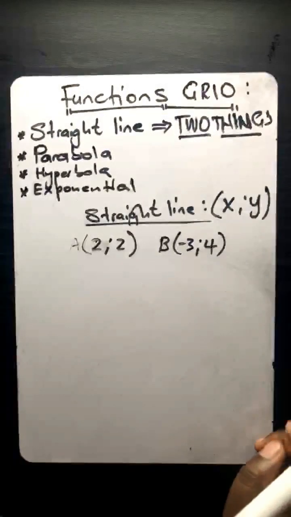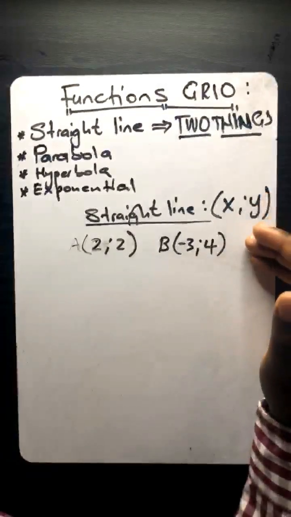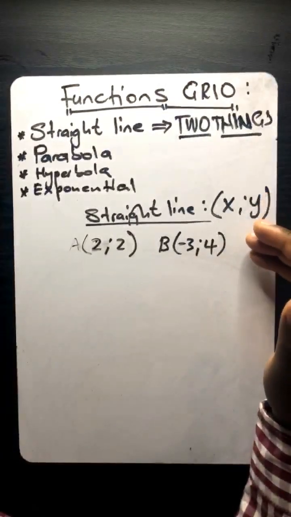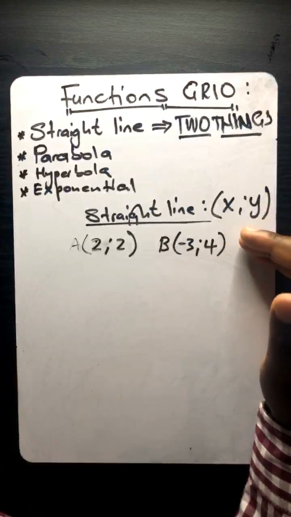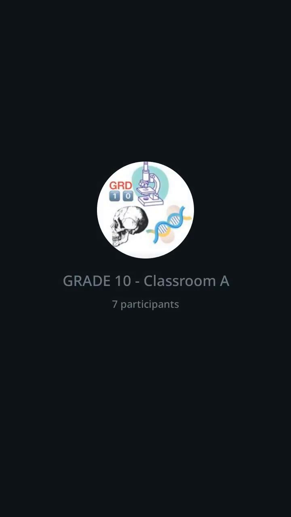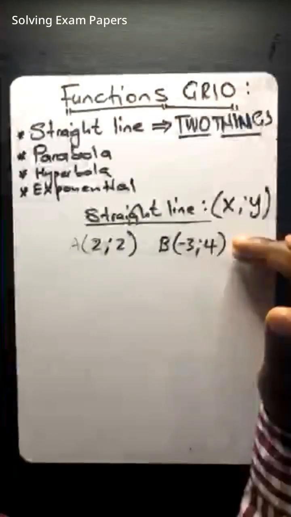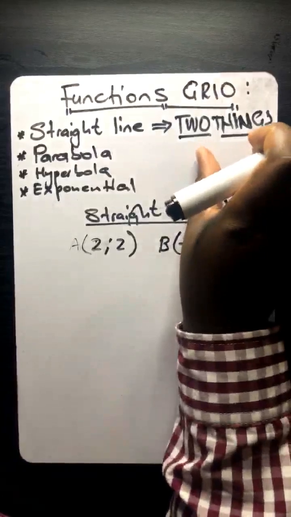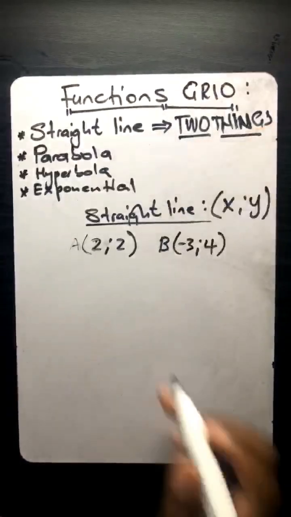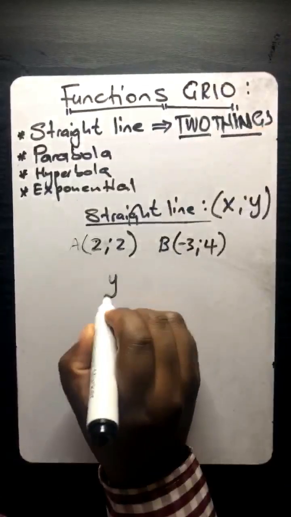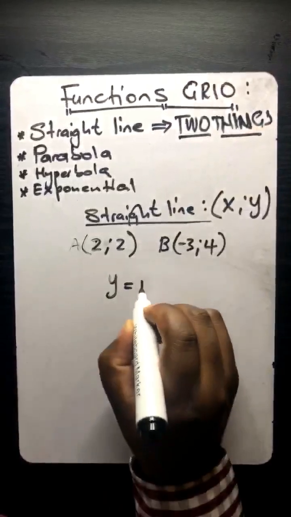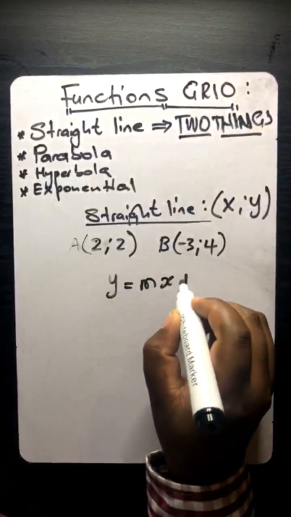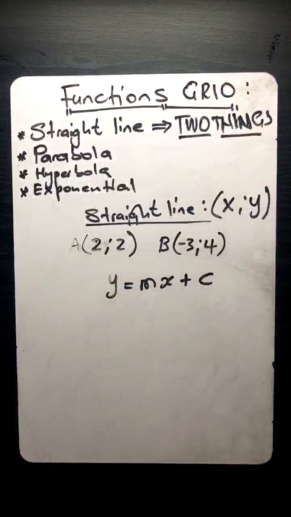In the exam, it won't be given to you as straightforward as it is now, but it will be interacting with some other functions. So most importantly, you just need to remember that you need 2 things. We know that generally an equation of a straight line is y equals mx plus c.